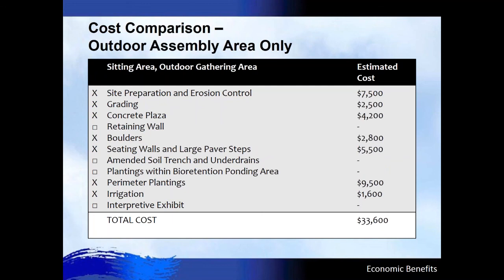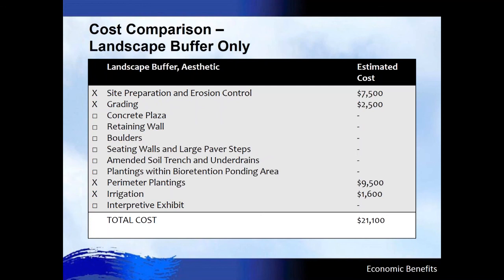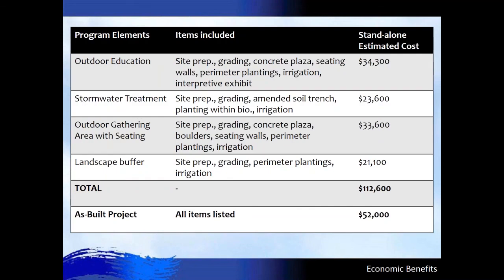So if this was an outdoor assembly area, $33,000, a landscape buffer, only $21,000. So if we total all of the single functional landscapes, if they were built separately on this campus, they would be at about $112,000, but the project was only $52,000.